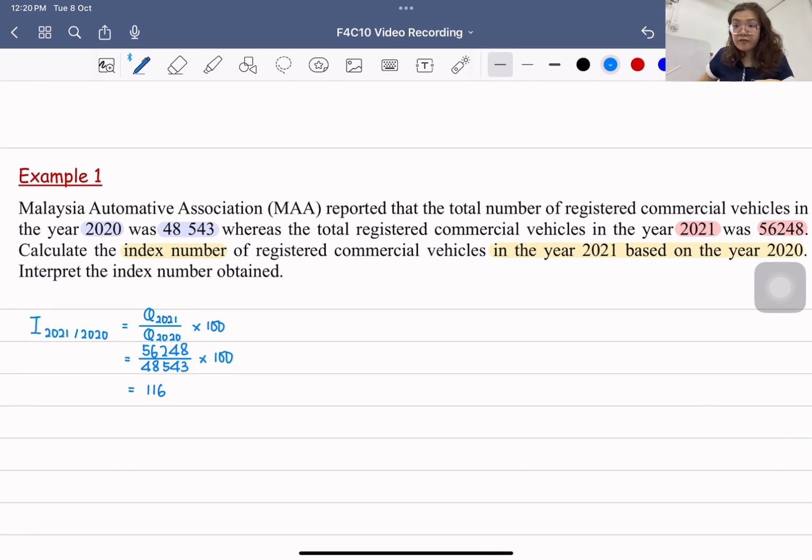This is the first part of the question. So this 116 actually means that the number of vehicles has increased by 16%. From 100 to 116, the percentage is increased by 16%. In the second part of this question, interpret the index number.